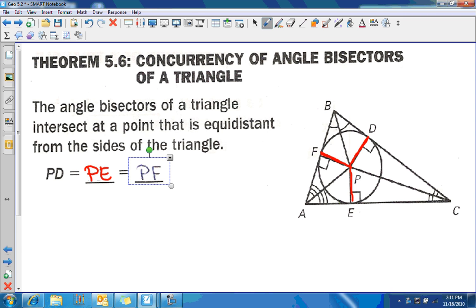Now, whether you drew it to scale, I don't know. But if it tells you that the angle bisectors end up at the same middle point, those sections that make the 90-degree angle should be the same distance.